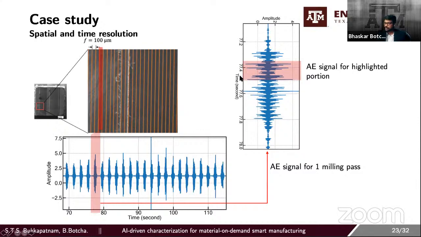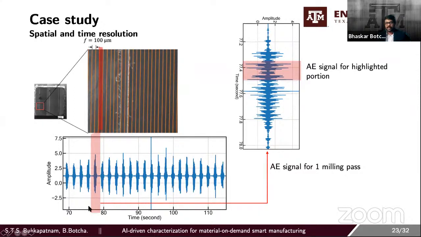So what I'm trying to say here is we have spatial resolution. If I give a particular XY point, I can go back and exactly see where it corresponds to in the signal. I have a spatial resolution of 100 microns. So if you give me a point here and say 100 microns from here, I want where the signal is, I can exactly show you which burst corresponds to that particular signal.